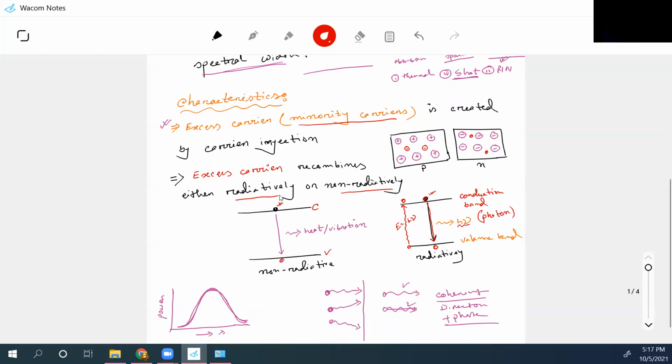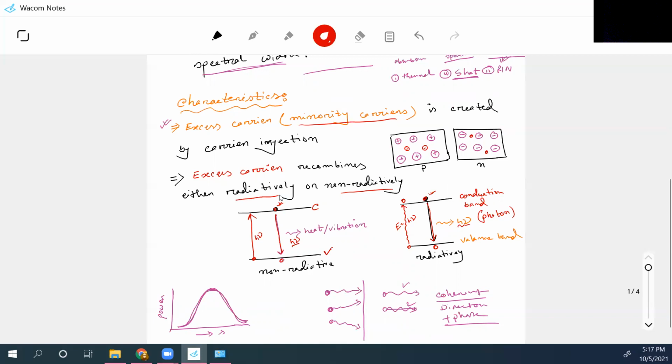If this electron in the higher energy band falls to the lower energy band, conduction band to valence band, the excess energy, which is h nu, which was absorbed when it goes from here to here, it had to absorb this same amount.